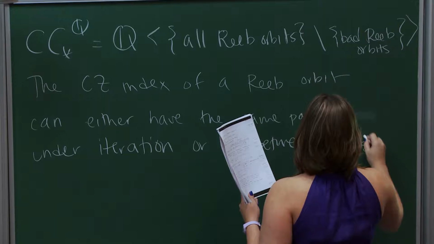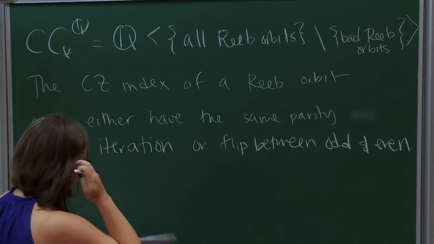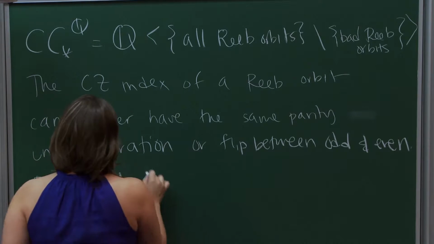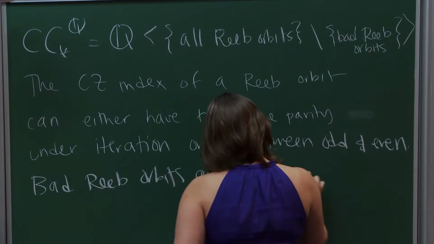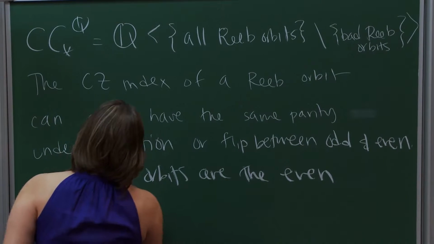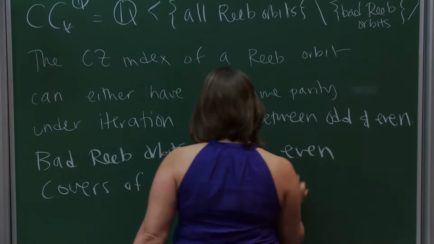Sorry, odd and even. If it flip-flops, then you throw out the even multiple covers. So bad Rabe orbits are even covers of flippy CZ guys.